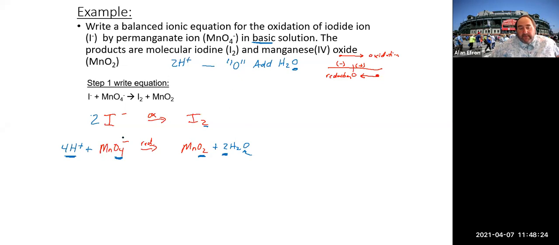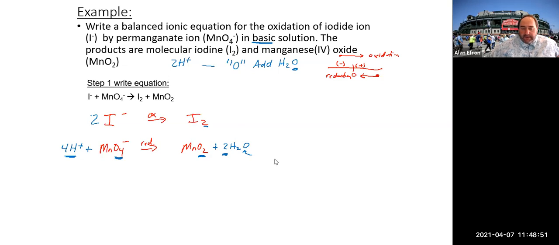To be truthfully honest with you, people will do the basic part in the middle sometimes, but in my experience, it ends up with a lot of waters that you make, a lot of canceling, and a lot more opportunity for mistakes. So I think it's a better approach to do it acidic and then turn it into basic. Other questions on that?